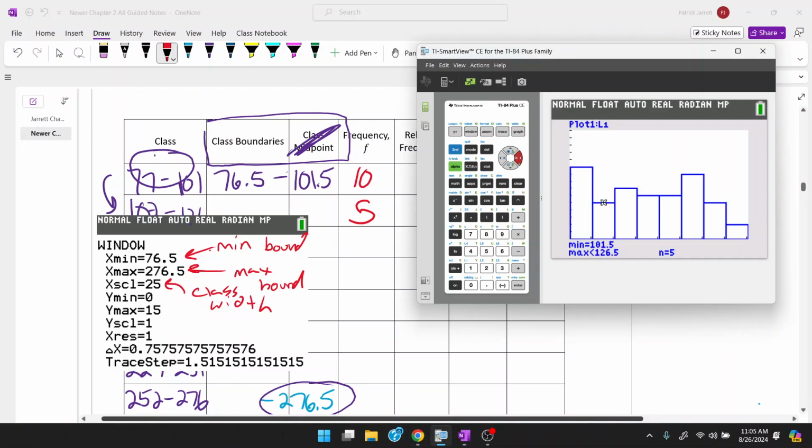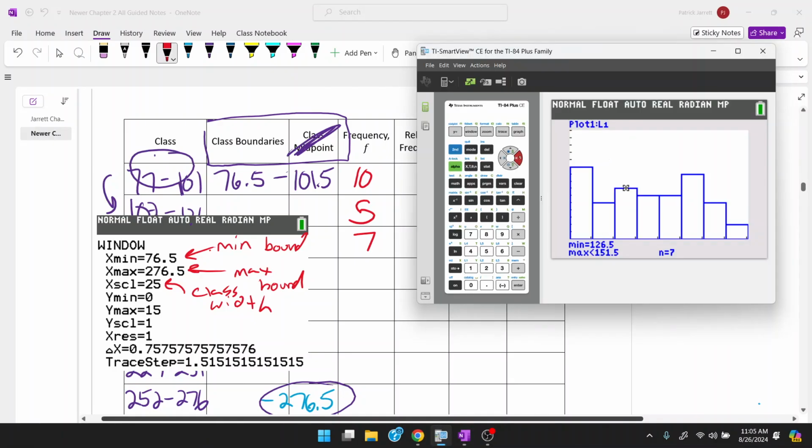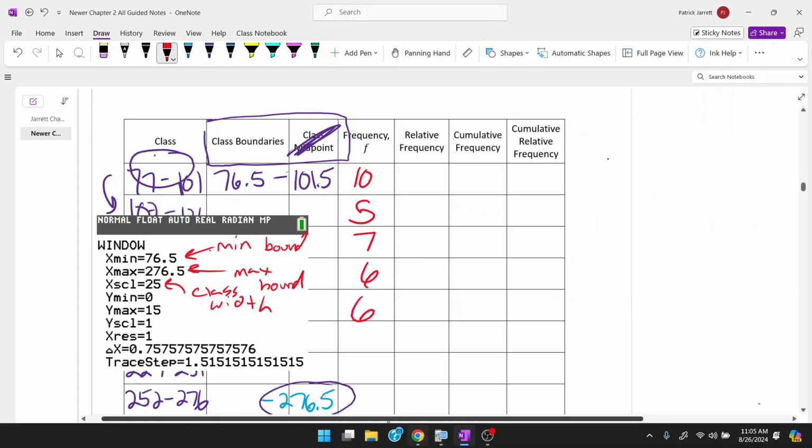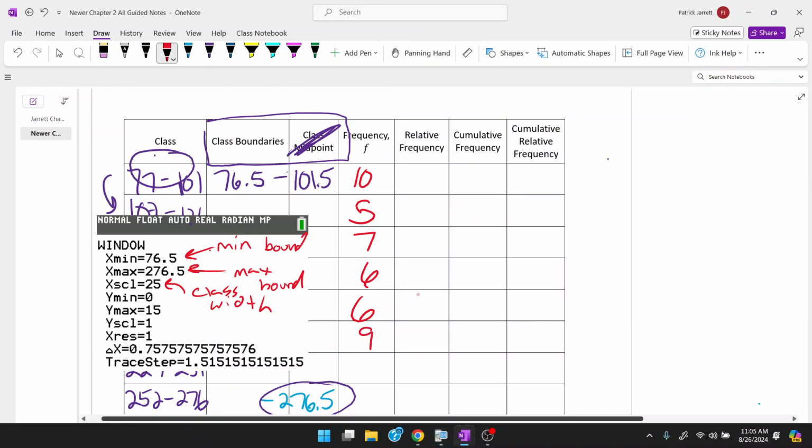See, this beats having to actually physically count everything out, in my opinion. You have 7 here, and then we have 2 sets of 6, 2 6s. Then we have a 9, 5, and a 2. So, that's what we have for all this data here.